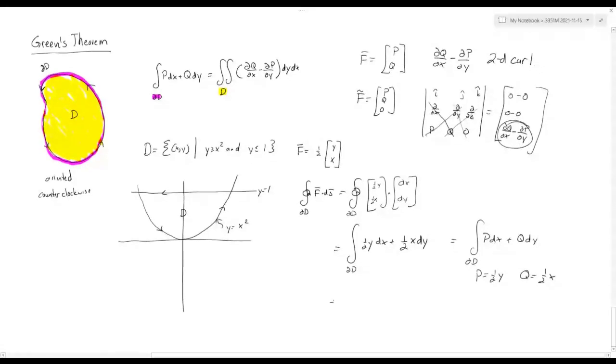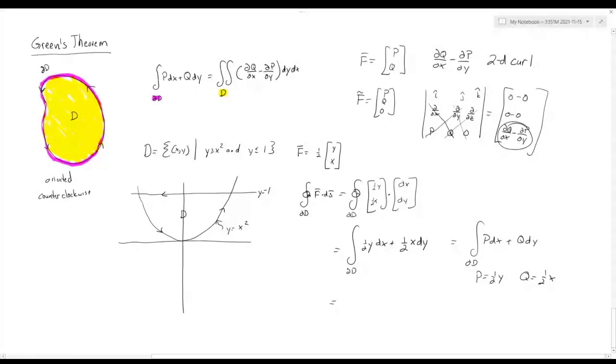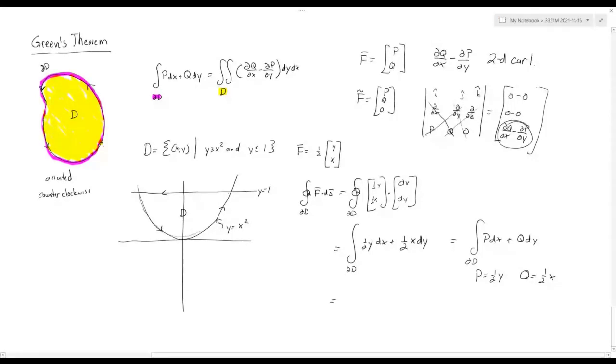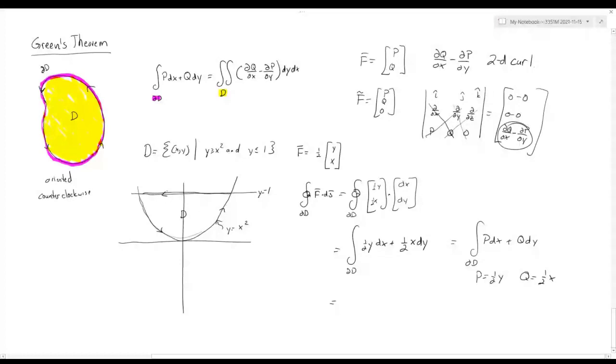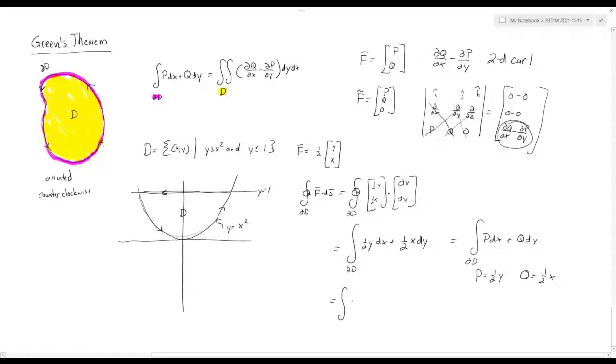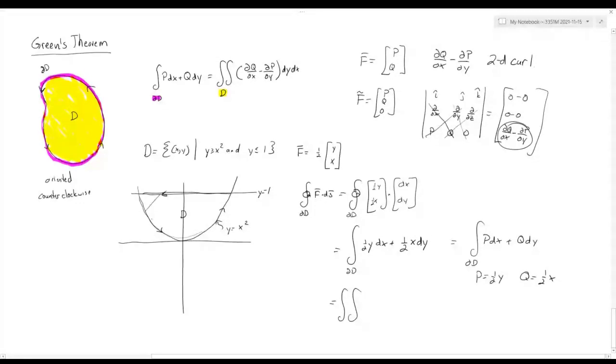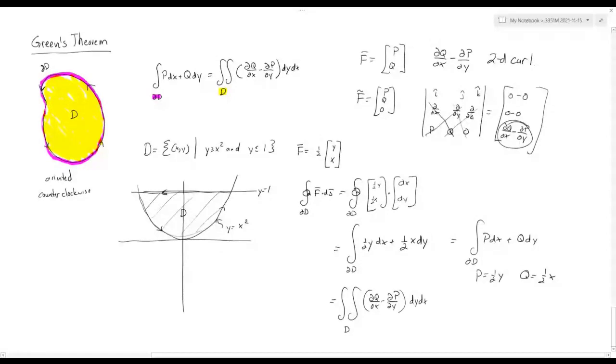But according to Green's, instead of evaluating this integral directly by parametrizing the parabola and integrating, and parametrizing the segment and then integrating, Green's theorem just says that this is equivalent to doing a double integral over the region that's bounded by the boundary. And then we have the derivative of q with respect to x minus the derivative of p with respect to y, dy dx, or some differential area element.